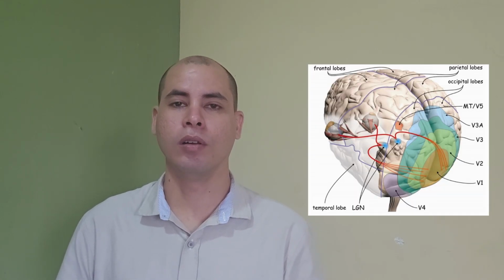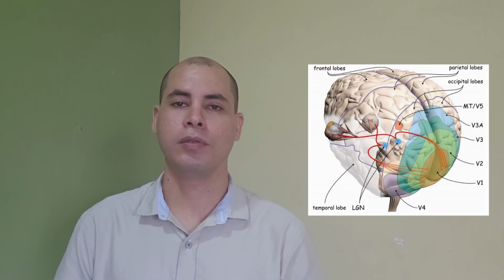The primary visual cortex is found in the occipital lobe in both cerebral hemispheres. The visual cortex is the primary cortical region of the brain that receives, integrates, and processes visual information relayed from the retinas.